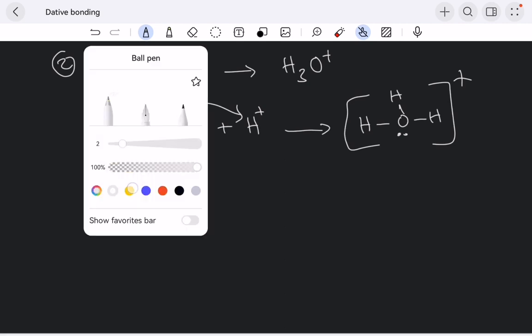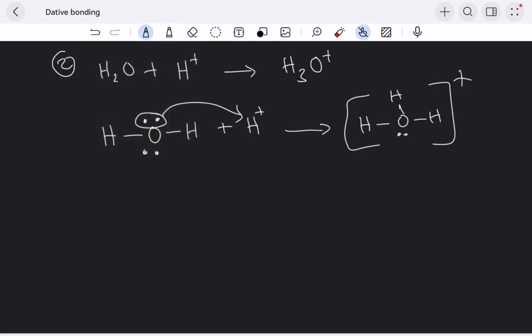So if we look at this visually, we are looking at the oxygen bonded to hydrogen, we have that, and then we have those lone pairs, and then there's the hydrogen there which is empty.